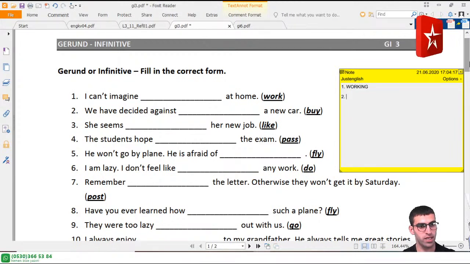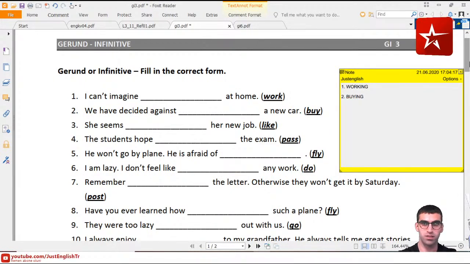Against is one of the prepositions. After prepositions, we have to use a gerund. Yes, buying. To buy or buying, buying is the correct answer for number 2.